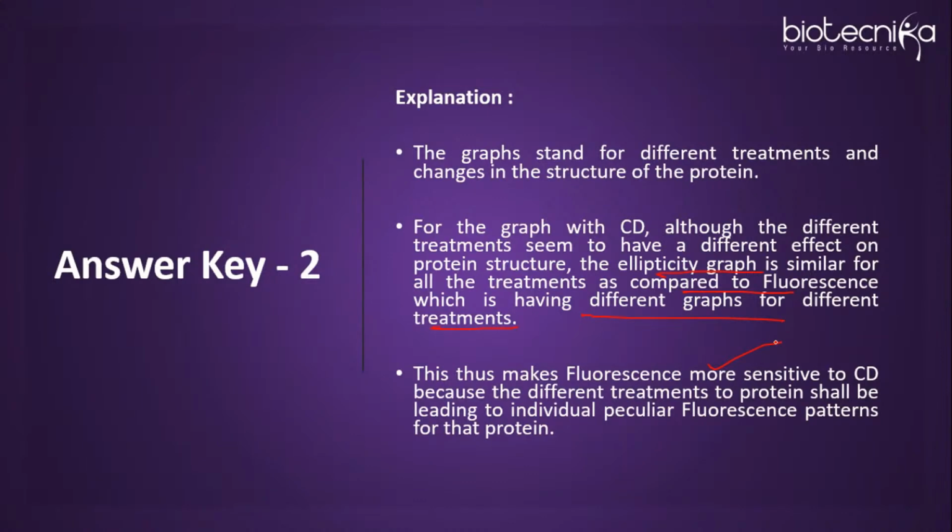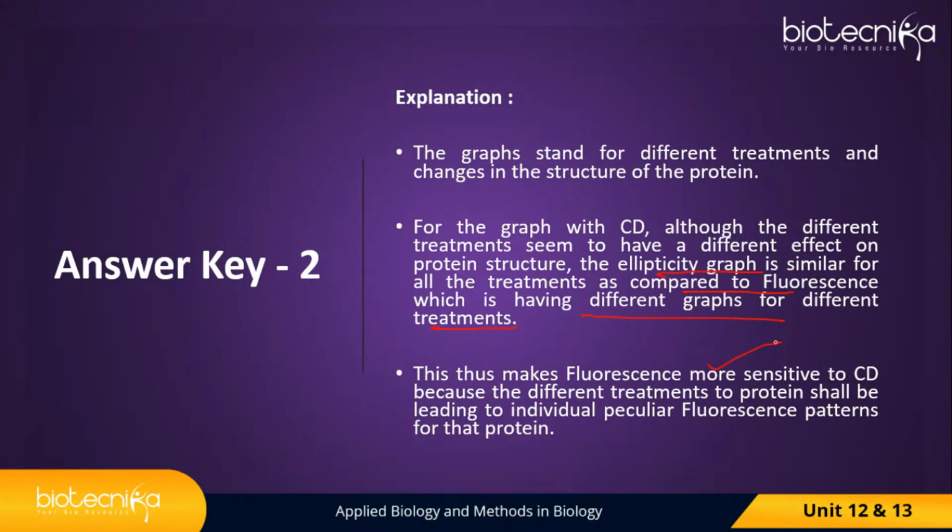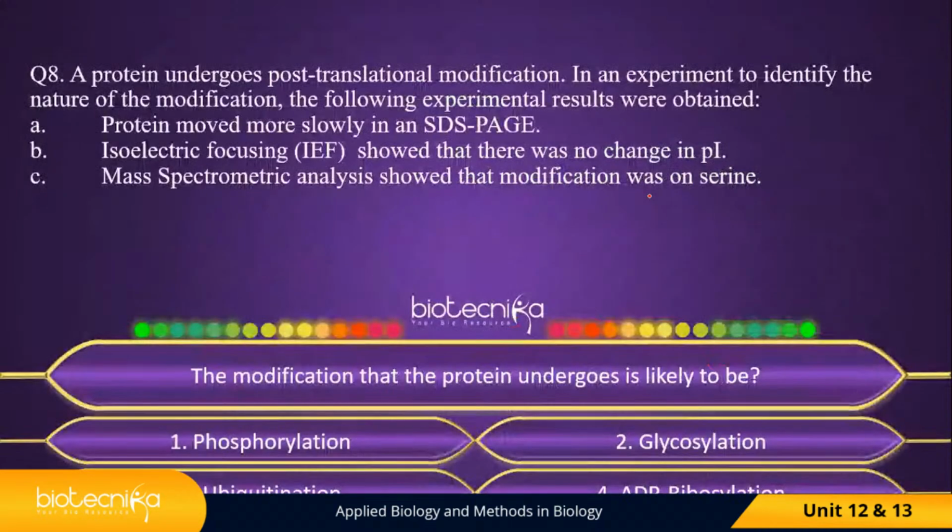Okay, and therefore the answer is option 2. So I'm sure now it's very much clear. There is no more confusion between option 1 and 2. So those who have answered option 1, is it clear why it will be option 2? Mahima, right. More fluctuation in fluorescence. You are right. Fine. Moving on to next question.